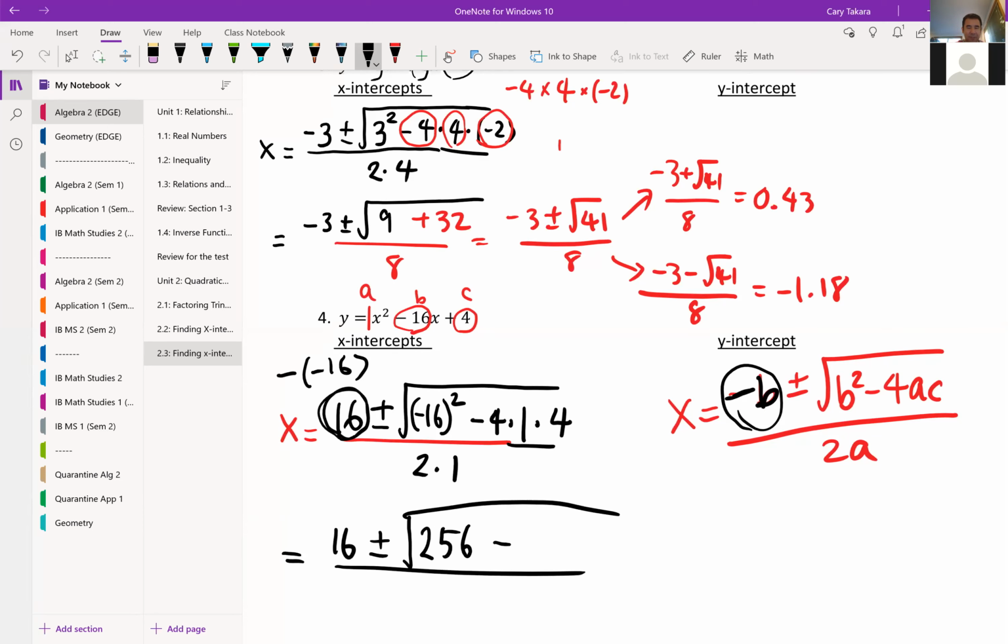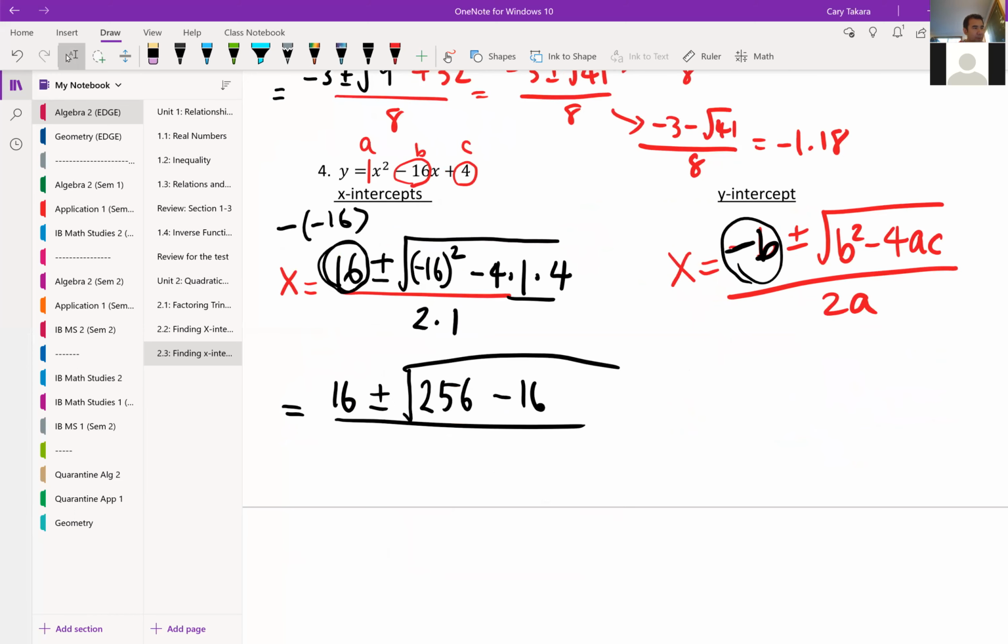And then minus 4 times 1 times 4, which is minus 16. And then over 2.